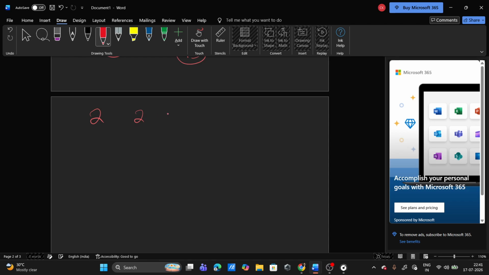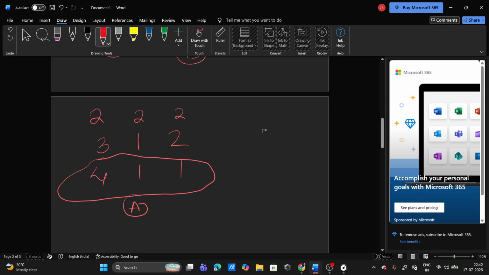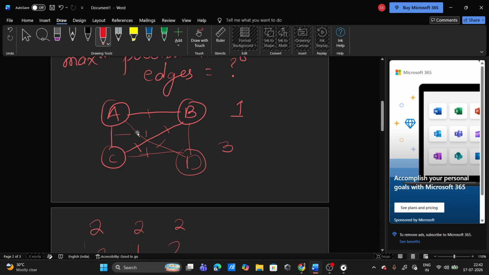I'm distributing six vertices such that we could have three connected components. Two, two, two. Now three, one, two, four, one, one. In this, we could have the maximum number of edges with four vertices in one component, the same example that I showed you previously.